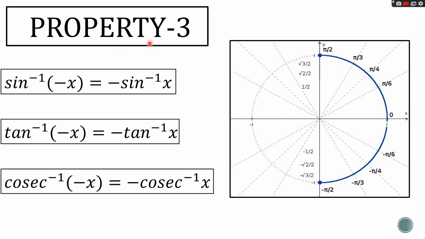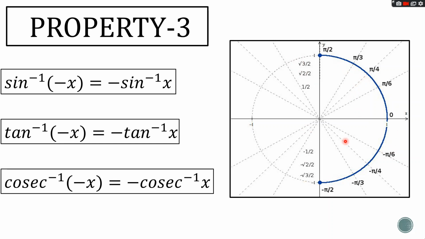Next, property number 3. Sine inverse of minus x is equal to minus sine inverse x. Tan inverse of minus x is equal to minus tan inverse x, and cosec inverse of minus x is minus cosec inverse of x. All of you know that for these three inverse trigonometric functions, this is the interval we consider, minus pi by 2 to pi by 2.